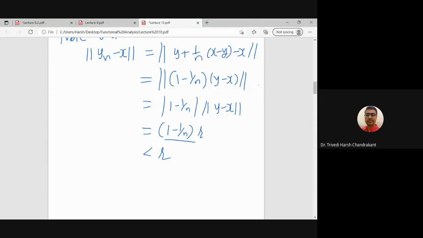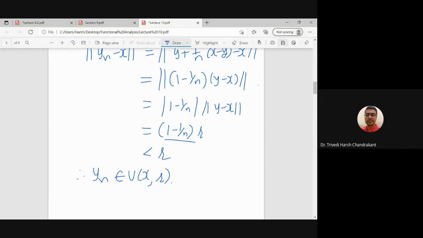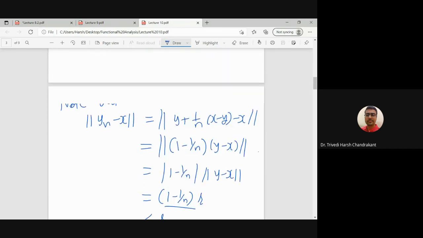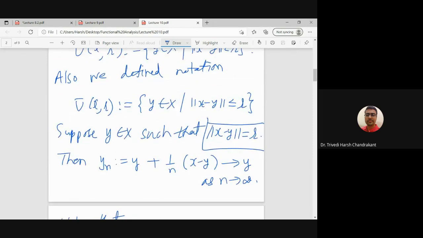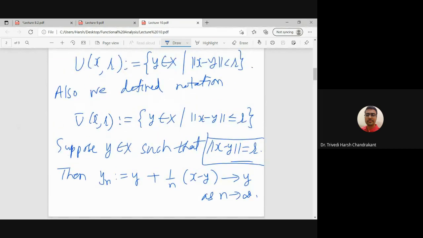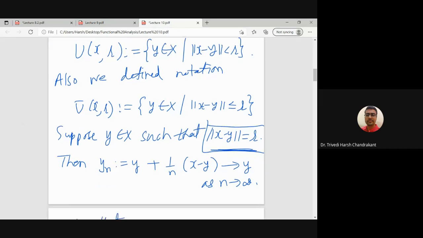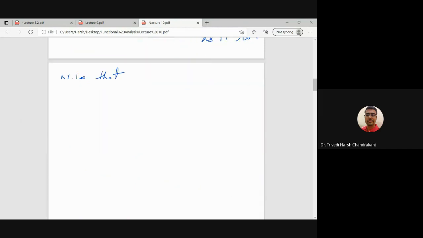So what does this give? This gives yn is an element of the open ball. So what we proved is if we take y on the boundary of the ball, then we can find a sequence yn in the interior, right?